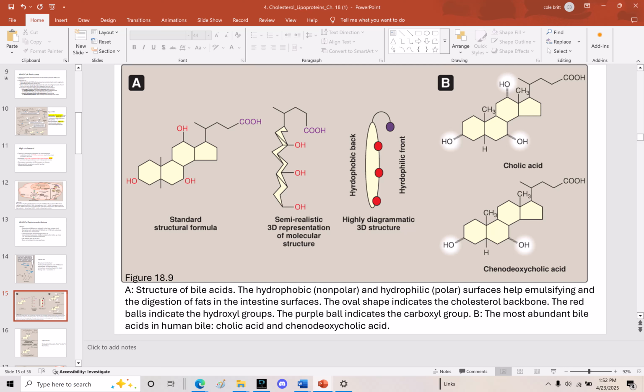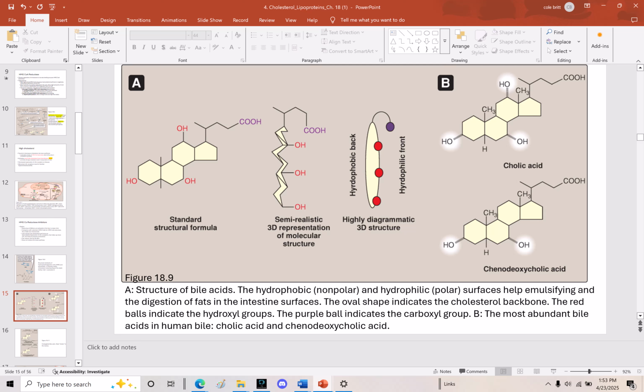Bile salts work because remember what micelles are. When you have a micelle, it's got these hydrophilic portions, the portions that like water, the aqueous, and then you have these hydrophobic parts that don't like water. And that way they can hide all of these lipids in the middle here.